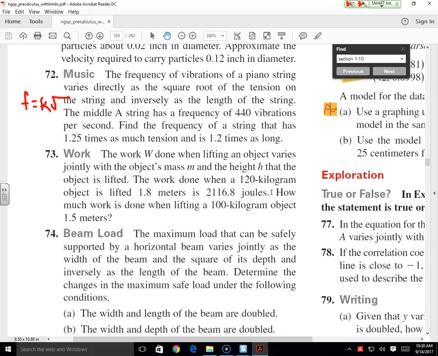the tension. Careful. That look good? The middle A string has a frequency of 440 vibrations per second. Anybody watch those videos about how mathematical music is, how we cut it in half and cut it in half, and octaves?